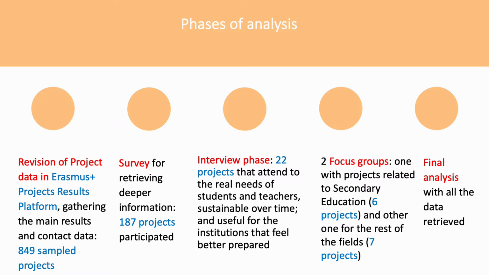187 projects participated in it, and from those, 22 projects that attend to real needs of students and teachers, were sustainable over time and useful for the institutions involved volunteered for an interview phase. Once the interview phase was finished, 2 focus groups were developed with a total of 13 projects.